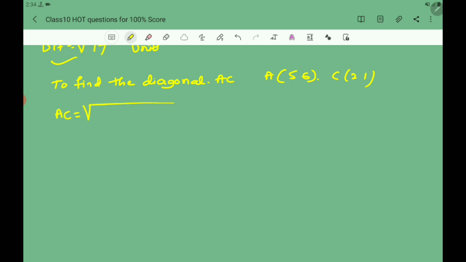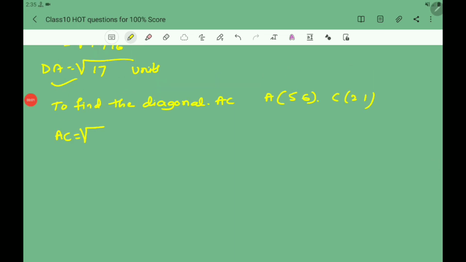Again you write the same formula. AC equals square root of (x2 minus x1) whole square plus (y2 minus y1) whole square.